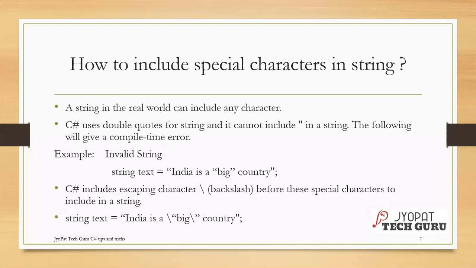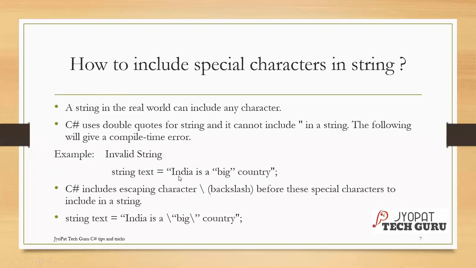So how to include special characters in the string? A string in the real world can include any character. C# uses double quotes for a string and it cannot include double quotes inside a string directly. So whenever you create a string with double quotes and you want to display those double quotes as the output, you have to include the backslash.